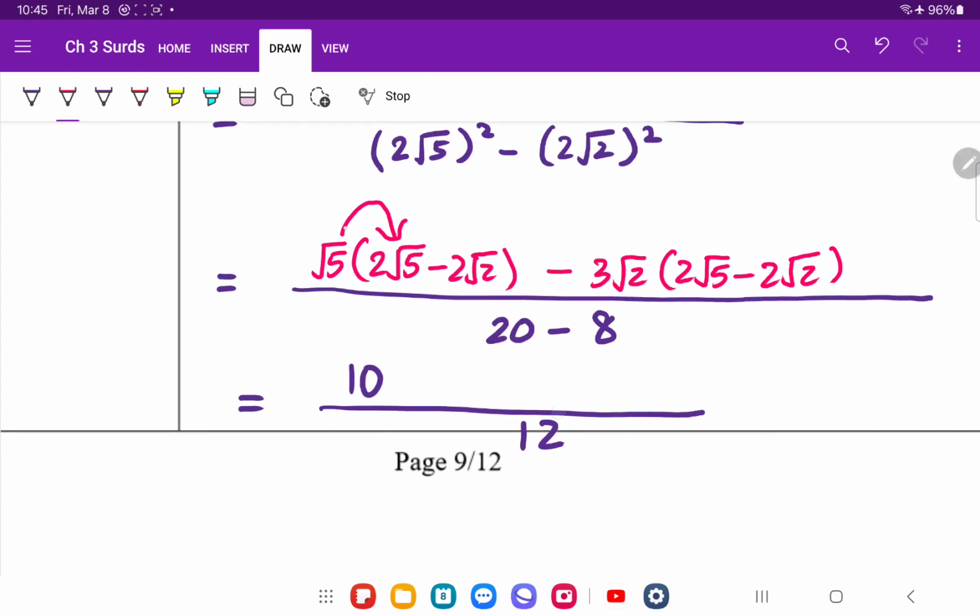Raghu, what about the next rainbow? Square root 5 times negative 2 square root 2. You write that: square root 5 times negative 2 square root 2. What does it become?